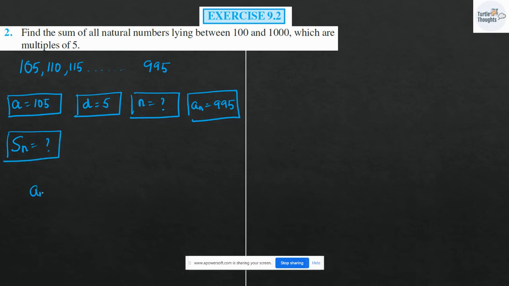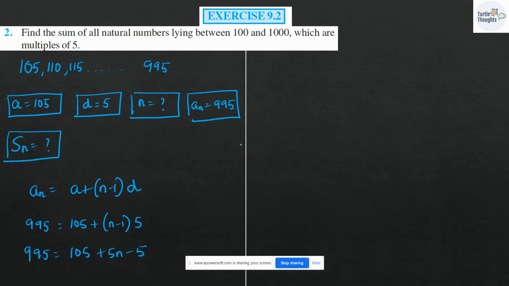So we have the formula an will be equal to a plus n minus 1 into d. So an is, sorry, here 995. 995 will be equal to 105 plus n minus 1 into 5. 995 will be equal to 105 plus 5n minus 5.